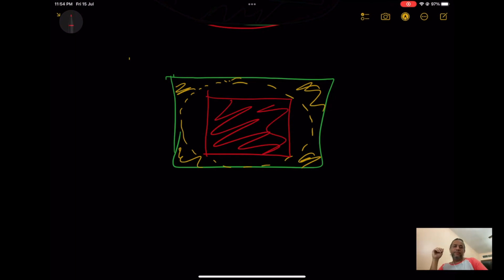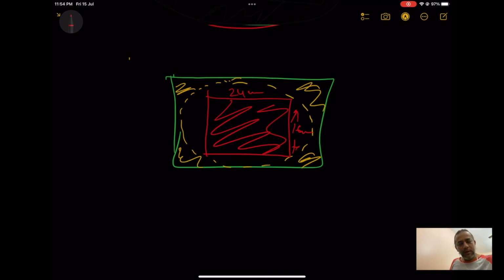This is what you get. These red lines will be the portion of the full frame that you will get, and which is equal to 24 millimeter by 16 millimeter. That's how it is. So you are basically cutting down the portion of the full frame by using a crop sensor lens.